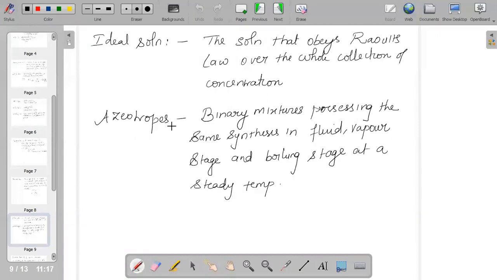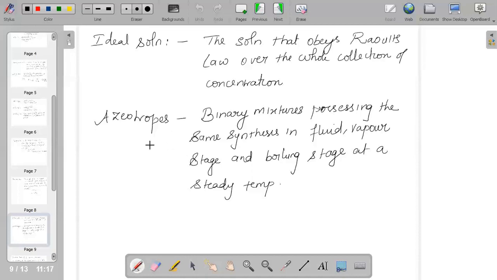The components of an azeotropic mixture cannot be separated by simple methods; they are separated by the method of fractional distillation.